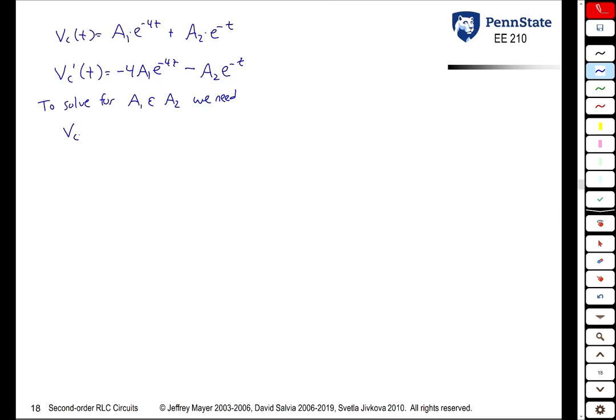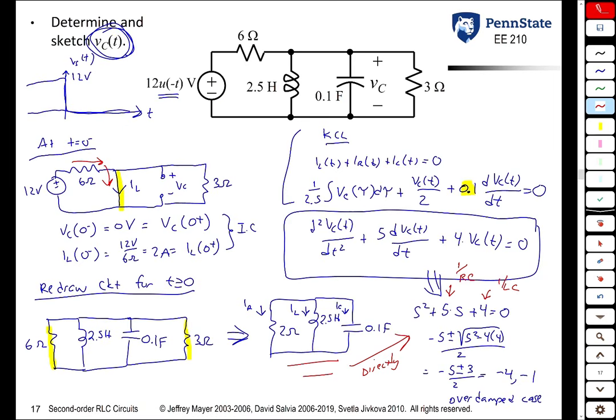We need VC of 0 plus, and we need VC prime of 0 plus. VC of 0 plus we have already. It's 0 volts. Determined that there.